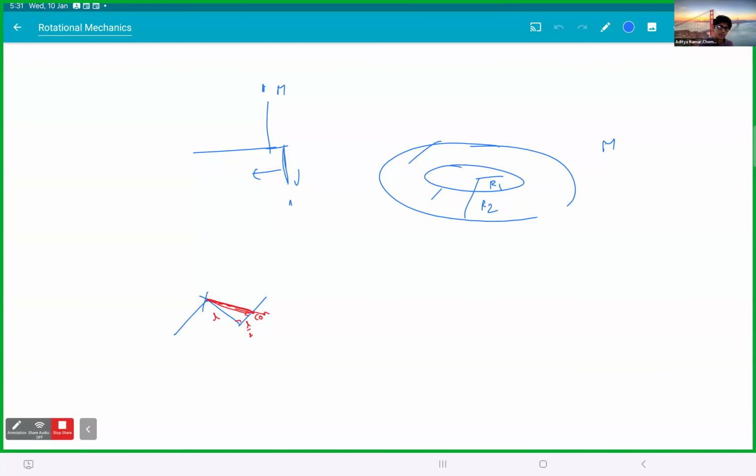Okay, the next one. Look at this thing. We have two cylinders which are rolling on the floor, omega and omega. The upper cylinders are going with 2 omega and 2 omega backward. Let's say this is VP2, this is VP1, which I don't know. This also I don't know. There's no slipping at any surface. There's no slipping between the cylinder and the ground, cylinder and the plank, cylinder and the plank, cylinder and the plank.